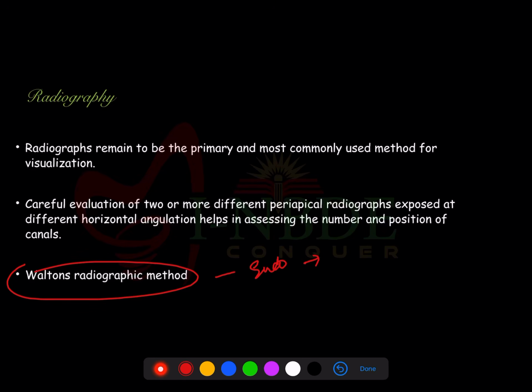You take two radiographs with a difference in horizontal angulation of 10 to 15 degrees. You maintain the same vertical angulation, but you have a different horizontal angulation. The change in horizontal angulation is 10 to 15 degrees.